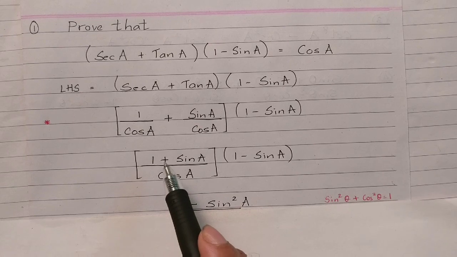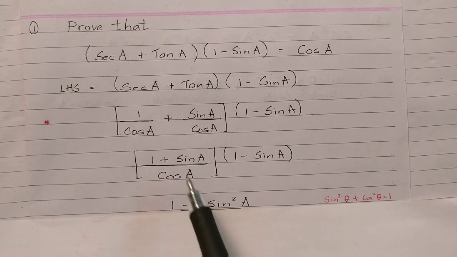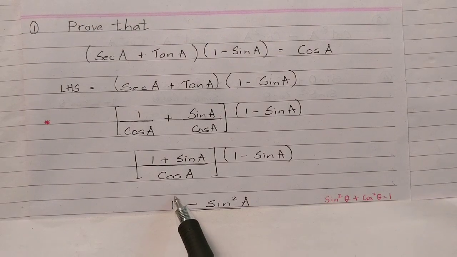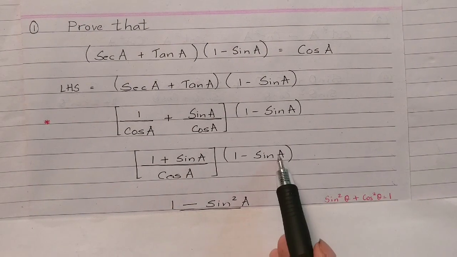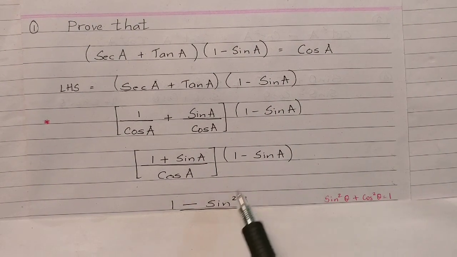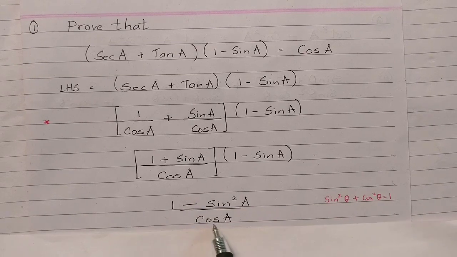So here my A is nothing but 1, so square of 1 will be again 1. Minus B square, so sine A, and sine A square is sine square A. And cos A is written as it is.